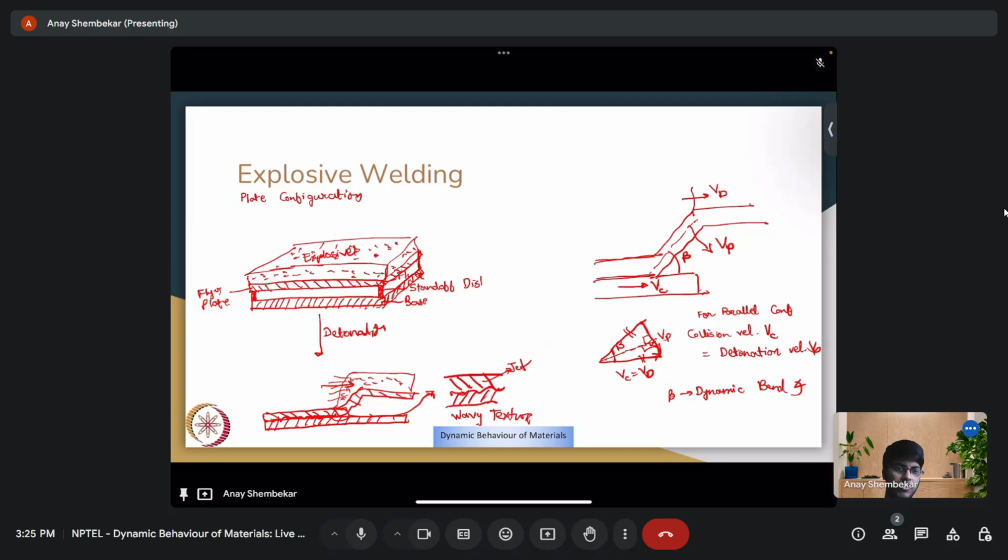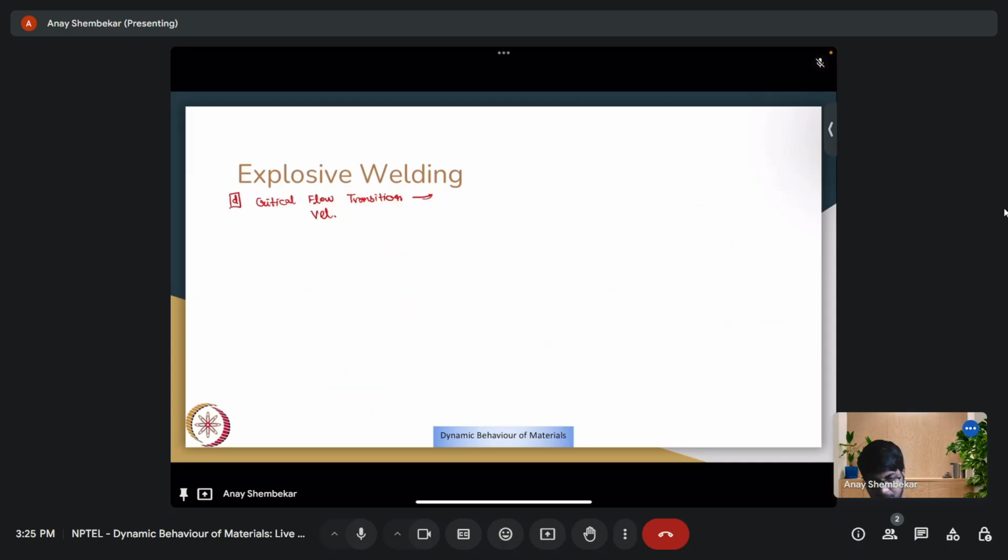If that wavy structure exists, the bonding is better, there is more strength to that bond. As a result, that is what we want, that becomes desirable. So, above a certain collision velocity Vc, the interface goes from straight texture to wavy texture.